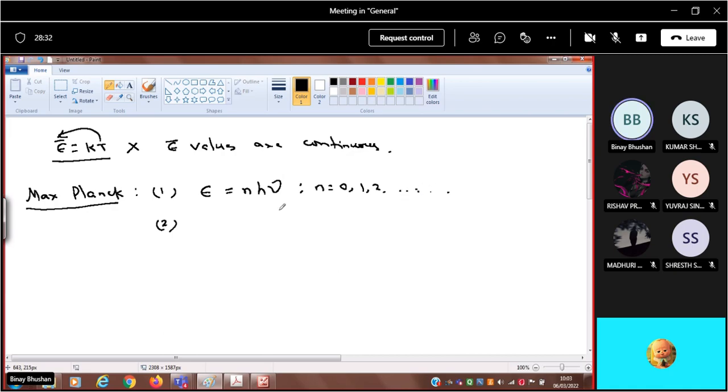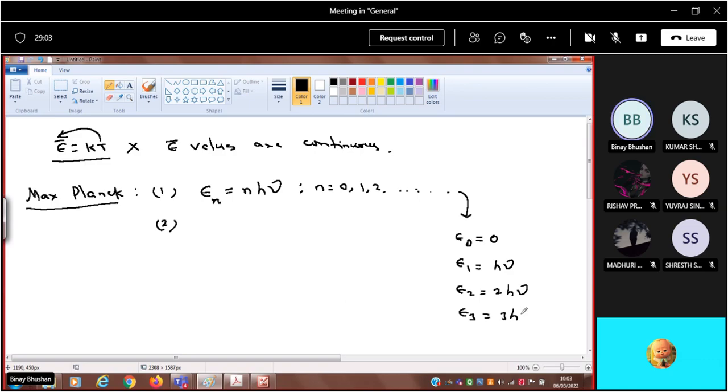Max Planck said the energy of an oscillator can be only this. So epsilon 0 is equal to 0, epsilon 1 is equal to h nu, epsilon 2 is equal to 2h nu, epsilon 3 is equal to 3h nu.